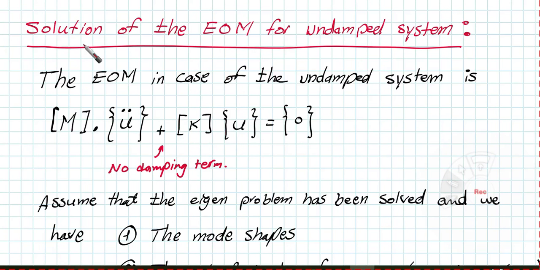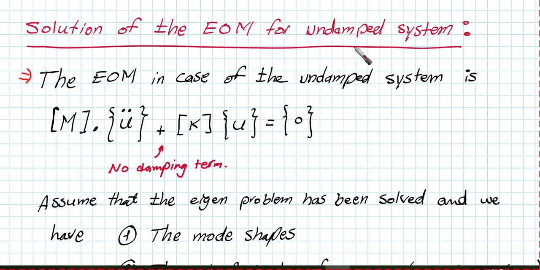So let's start now with the solution of the equation of motion for an undamped system. Let's start first with putting the equation of motion that we usually use whenever we are dealing with an undamped system.